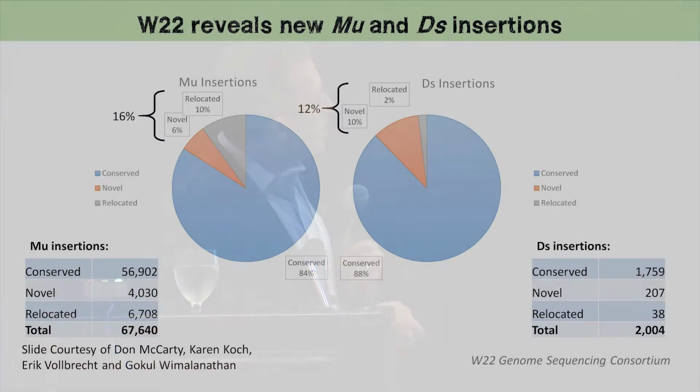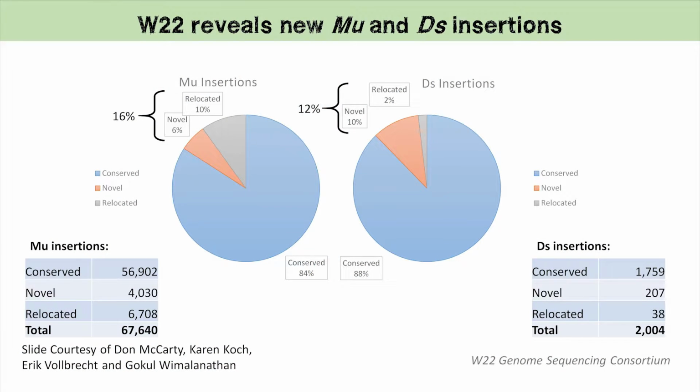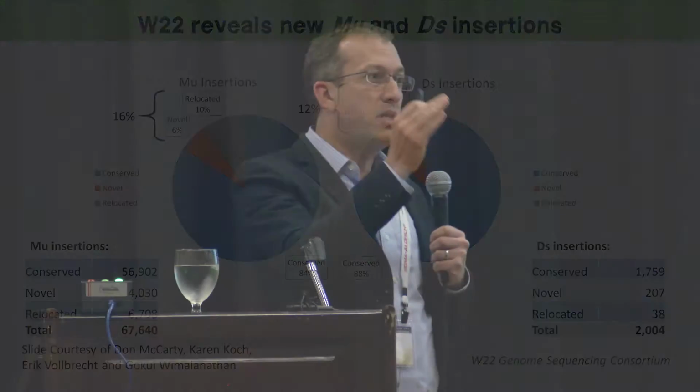We can see in these pie charts that for the vast majority of genes, there's good conservation in the map position of the Mutators and the Ds elements relative to the B73 genome. All of our placements had been based on flanking DNA. We aligned it to that reference genome, and about 84-85% of those matches seemed to be conserved with B73.